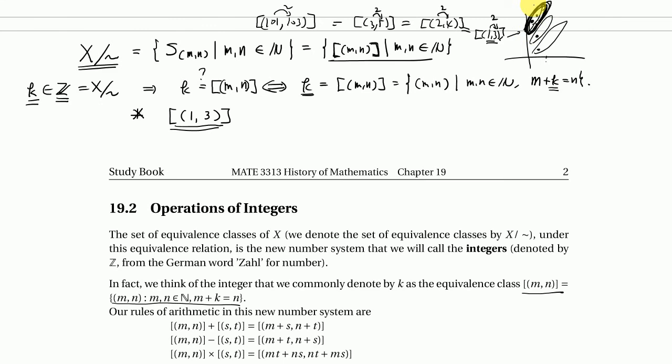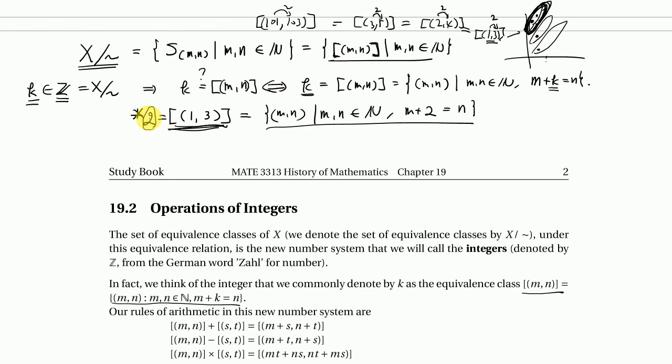So this one can be written by 2, because that set is the same as a collection of any ordered pairs (m, n), where m and n are natural numbers and m plus 2 becomes n. That's the definition, and this is a much easier symbol for that.